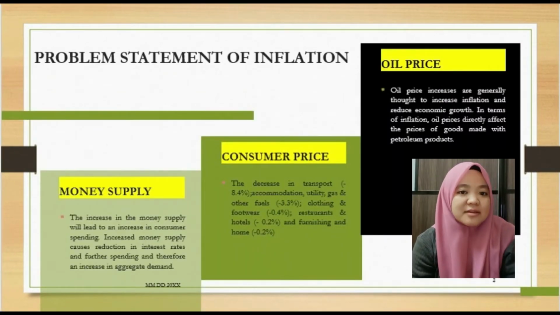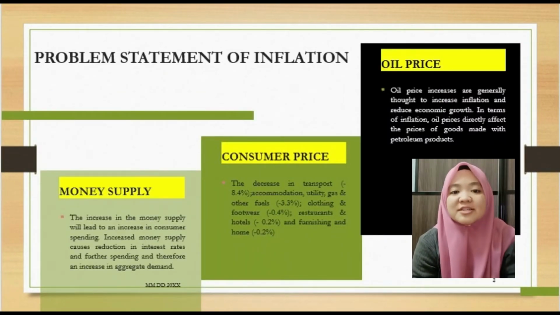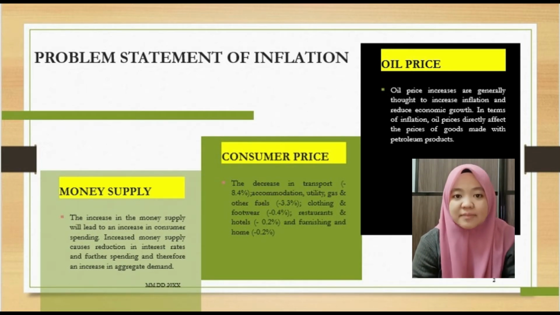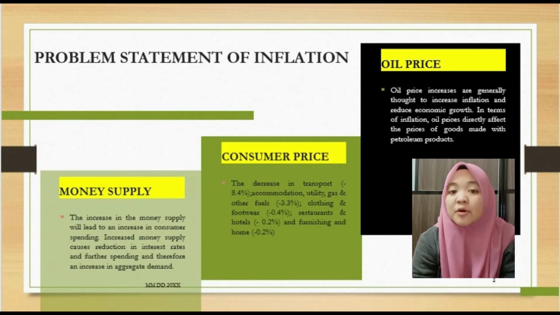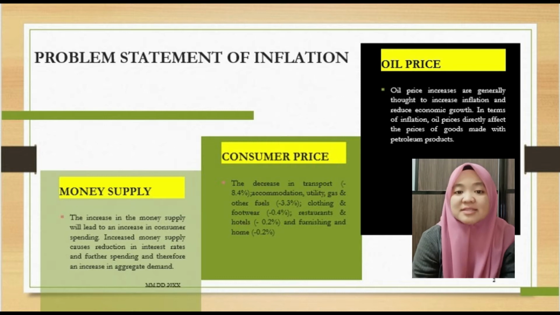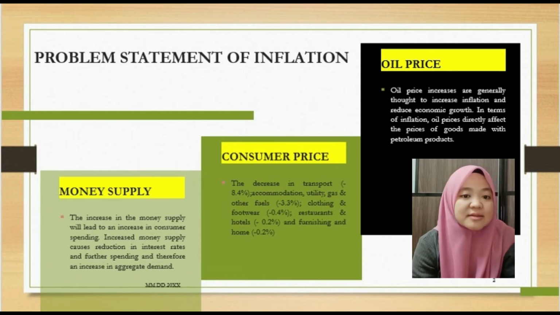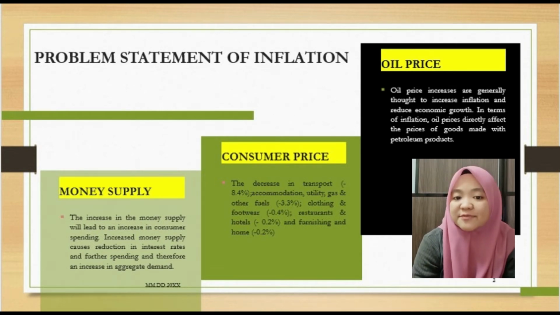The third factor affecting inflation is money supply. Increasing the money supply faster than the growth in real output will cause inflation. The reason is that there is more money chasing the same number of goods. Therefore, the increase in monetary demand causes firms to put up prices.